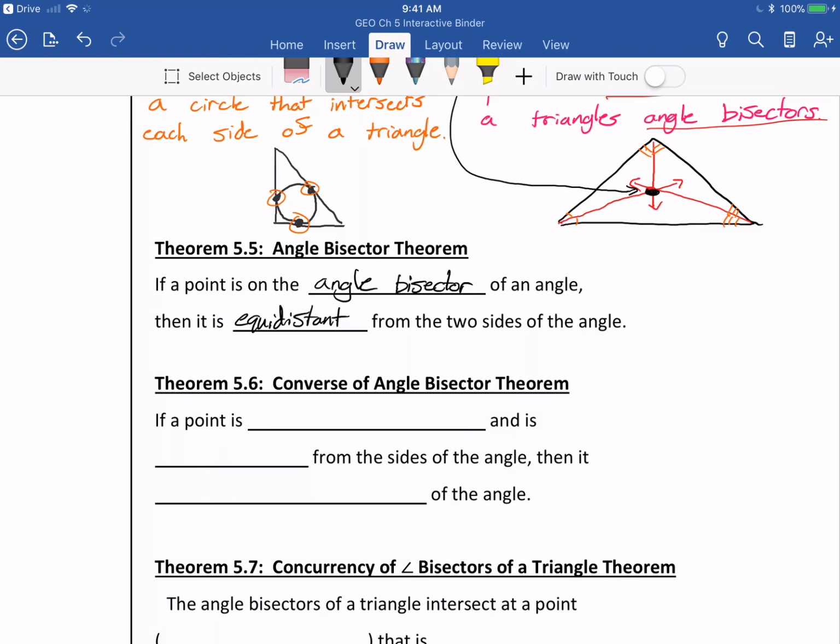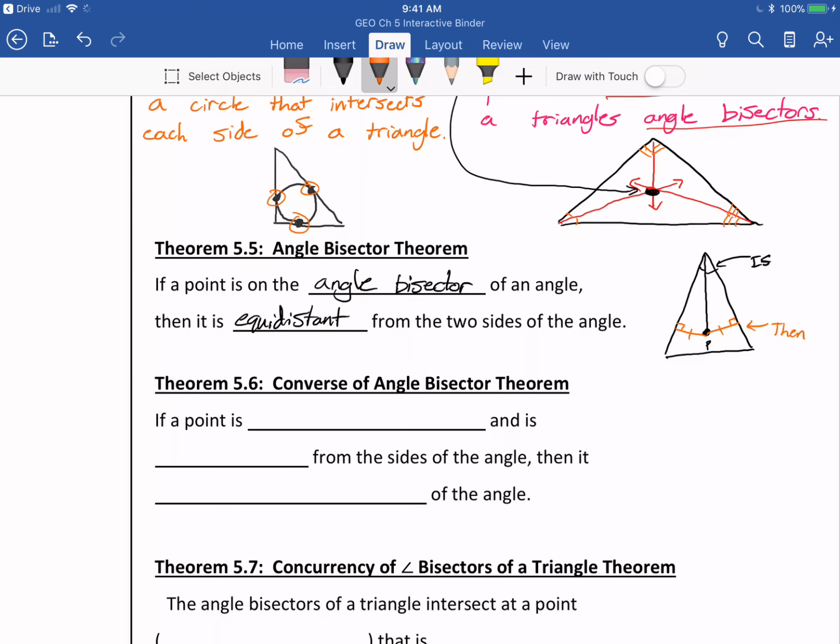So if I draw some triangle here, let's say that this point is somewhere in here, let's say that's point P, and we know this is the angle bisector. So I'm going to put kind of an if here: if it's on an angle bisector, then we know that this distance here that's perpendicular, we talked about that perpendicular, this distance is congruent to that distance. So this is kind of the then part here. If it's on the angle bisector, then they're equidistant.